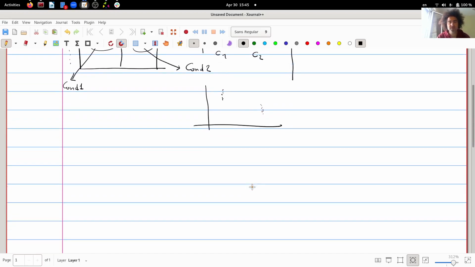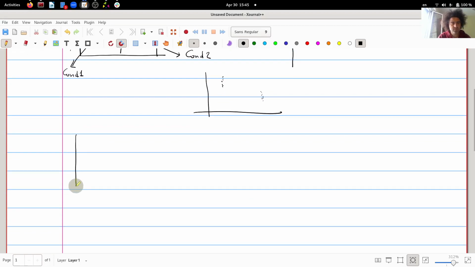But it might be the case that we have some values here in condition 1 with some average value, and some other values like that which have this average, and the difference between the averages is big.